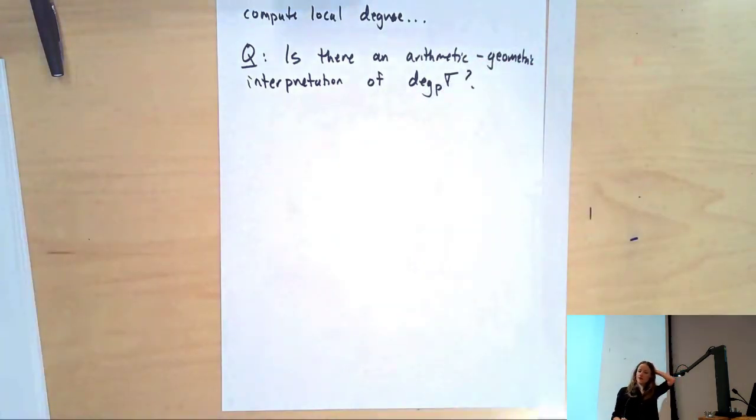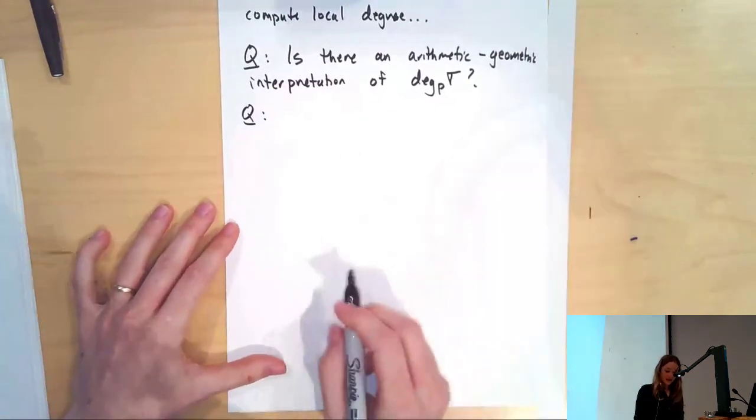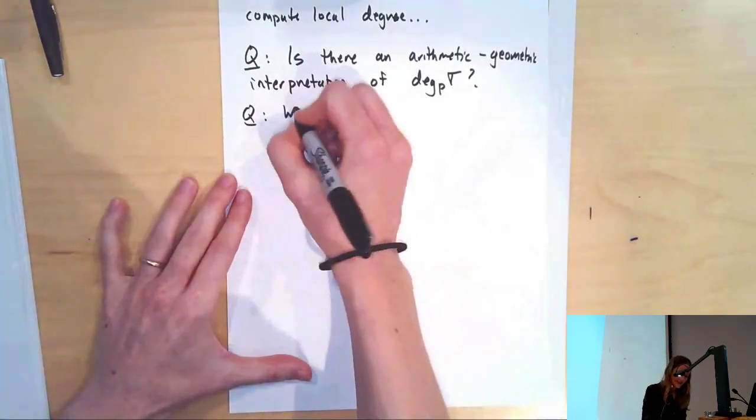And because it's a big expression, maybe the best way to start on this question is to say what arithmetic geometric information is available.